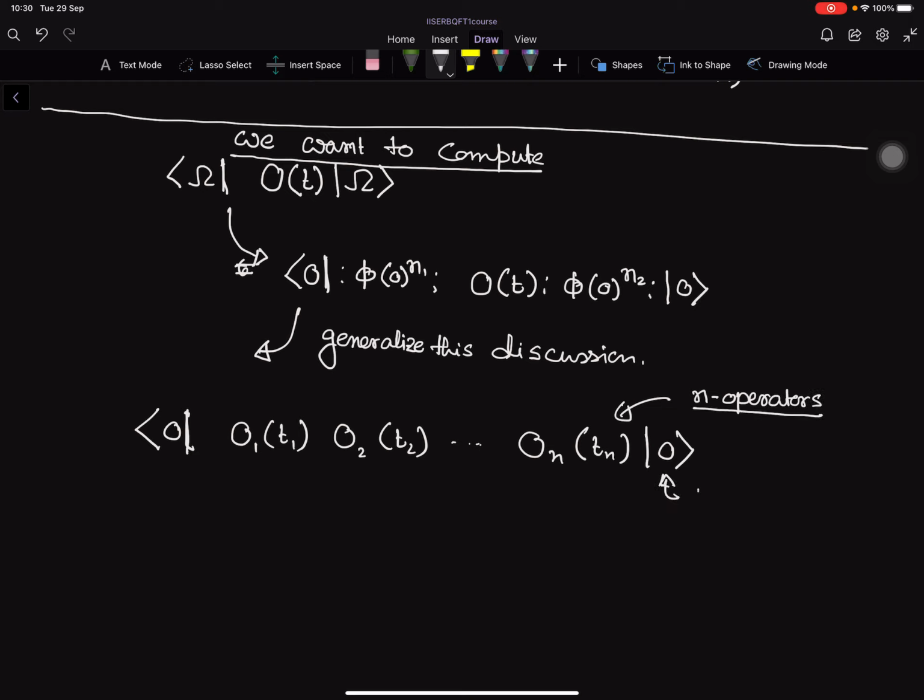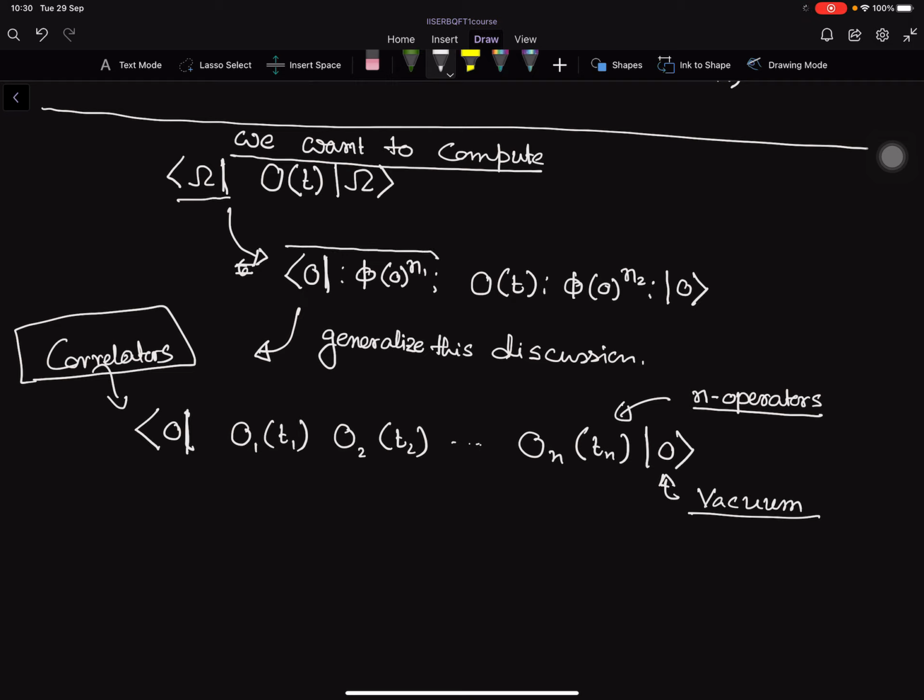This is all around the vacuum, because these are called, in general, correlators. Because we can write down any arbitrary state in terms of the vacuum state and operators acting on it, we can map the problem of computing between any arbitrary states to always a vacuum correlation function.